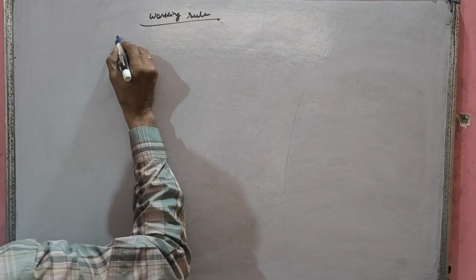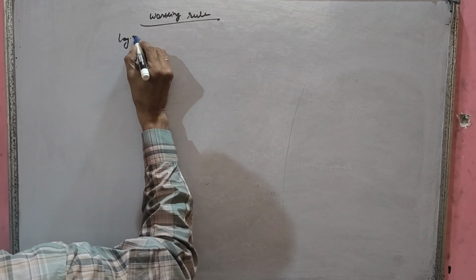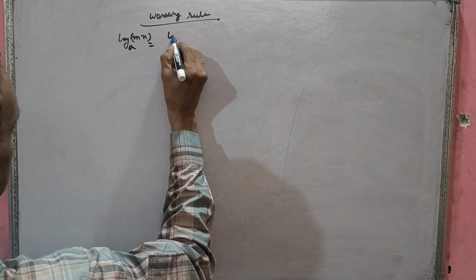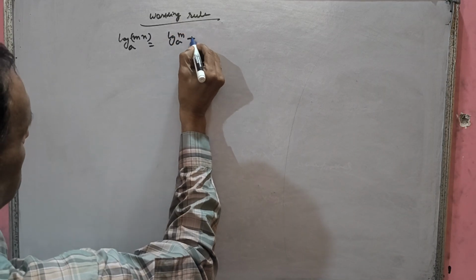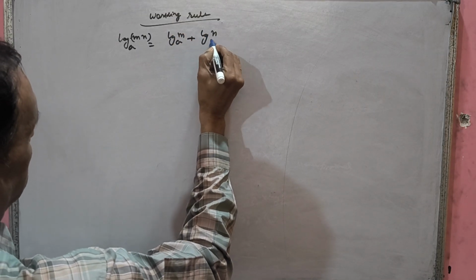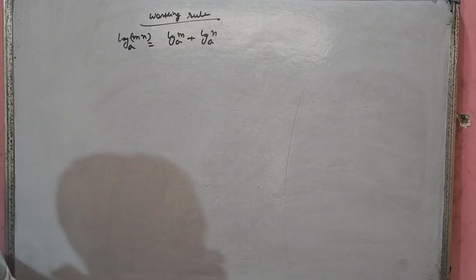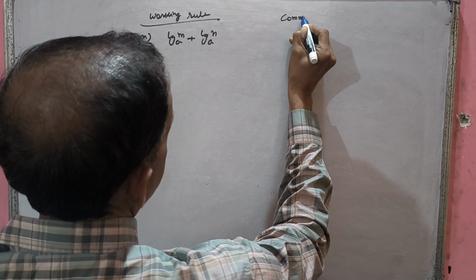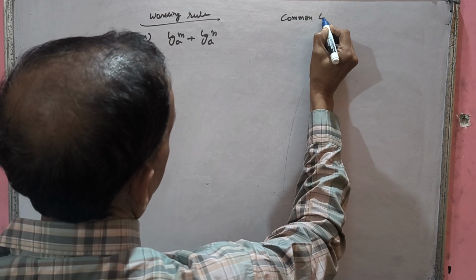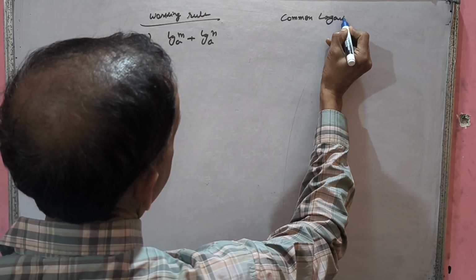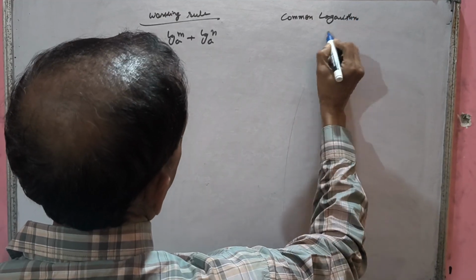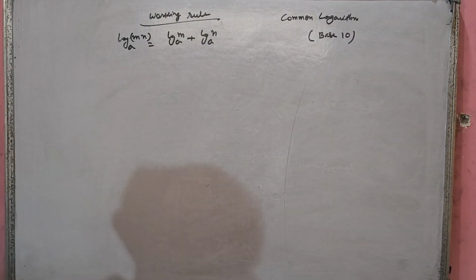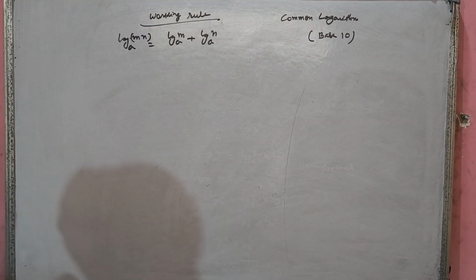See here, we have the formula log mn to the base a. What do we have? Log m to the base a plus log n to the base a. Now for the sake of simplicity, first we are doing common logarithm. Common logarithm is on base 10. The base is fixed at 10 unless otherwise mentioned.